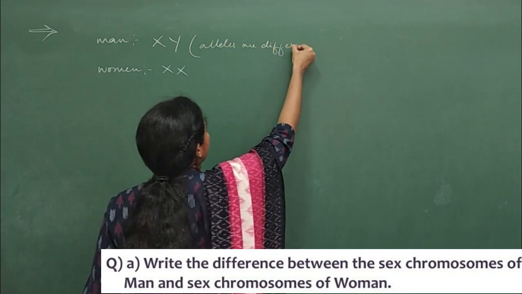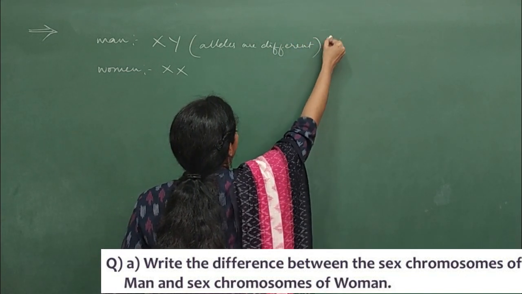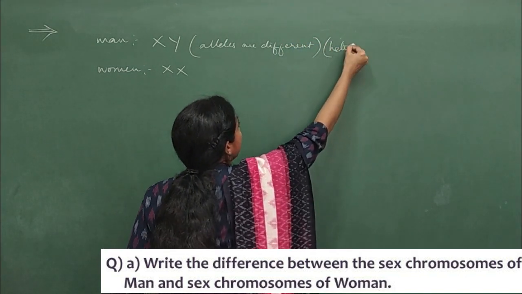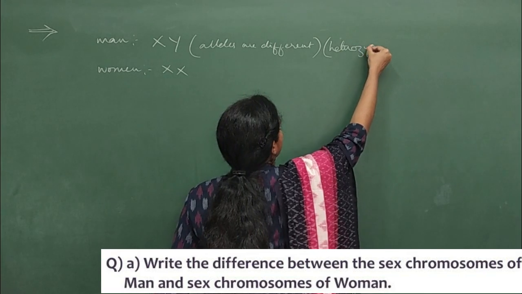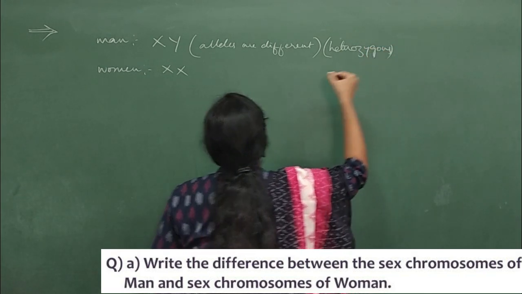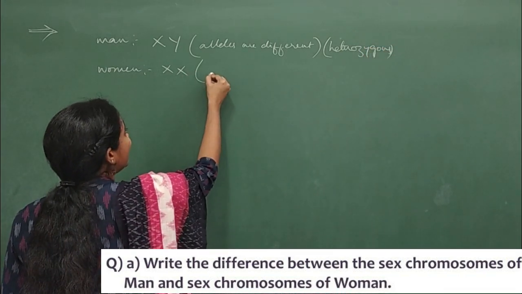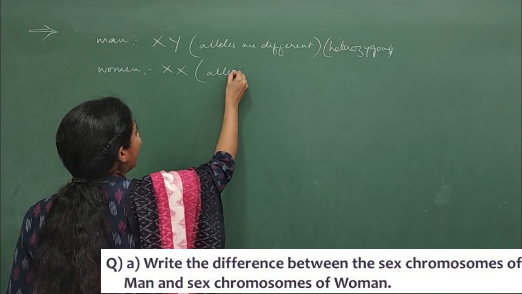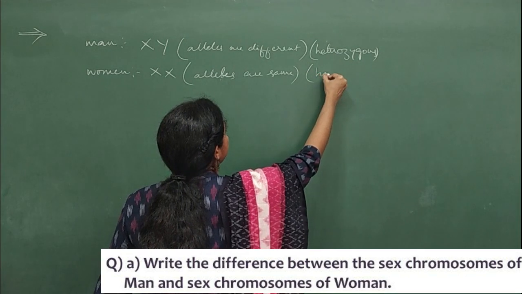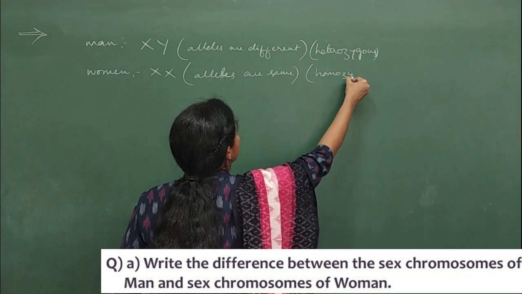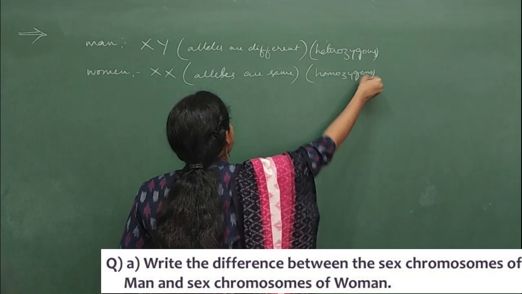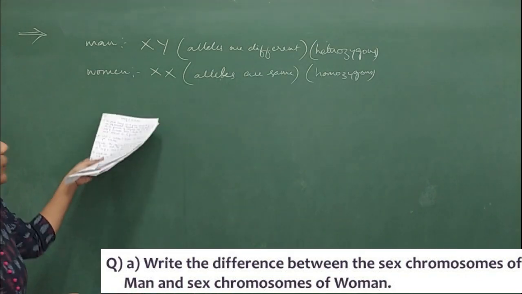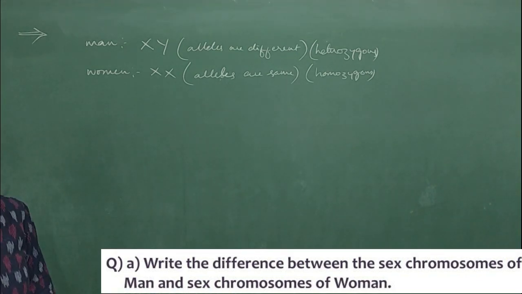I can say father would have heterozygous condition. Heterozygous condition, right? And here, the alleles are same. Mother would have the same alleles. I can also say it is homozygous condition, isn't it? So this is the difference between the sex chromosomes of man and woman.